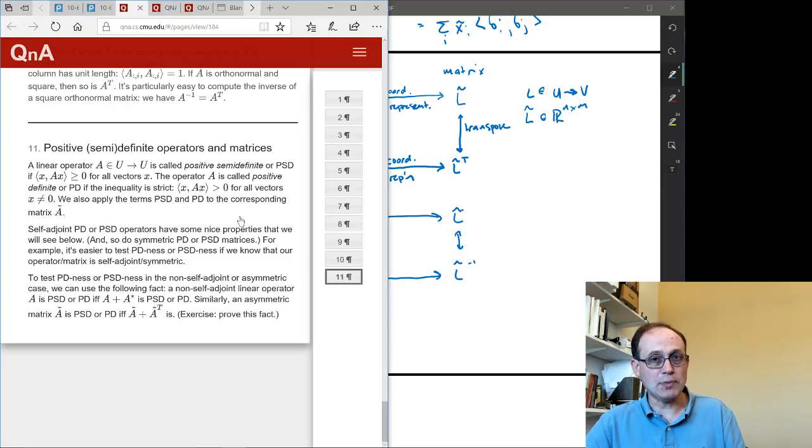So that's a linear operator, and as always, there's a corresponding concept for matrices, and it's actually called the same thing. So a positive definite or positive semi-definite operator, if you take its coordinate representation, will give you a positive definite or positive semi-definite matrix.